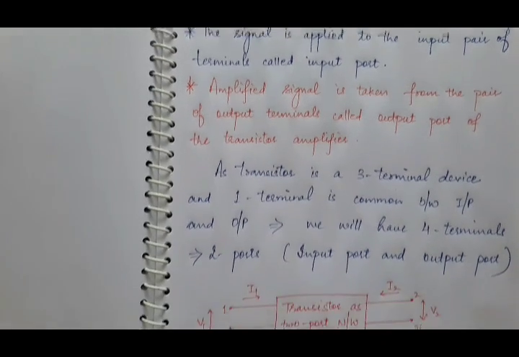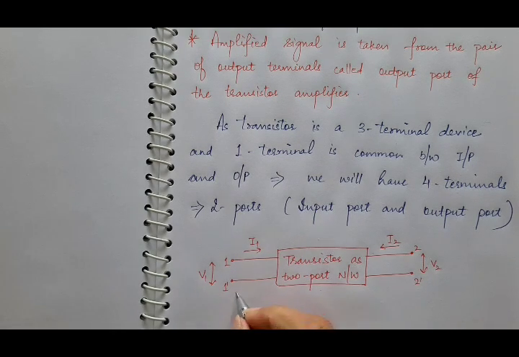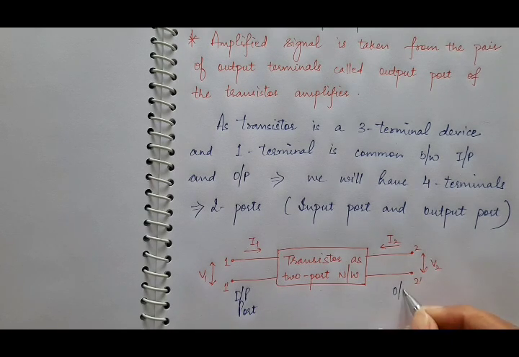So in this way, we can use transistor as a two-port network, where one terminal will be common out of these 4. This one is the input port and this one is the output port.